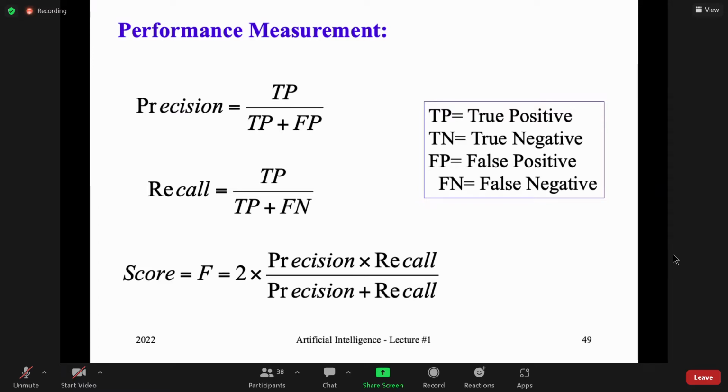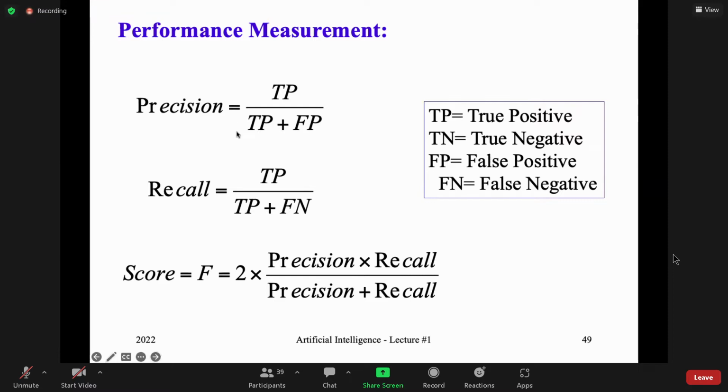So it means that we made a mistake. Okay. And after that we have true negative and false negative. It means that we never recognize the digit. For example, we send 0 and we don't recognize the 0. Okay, so we made a lot of mistakes.